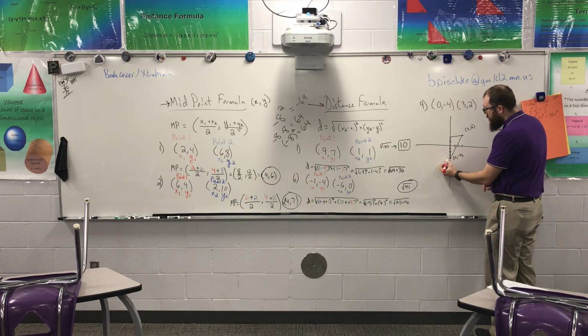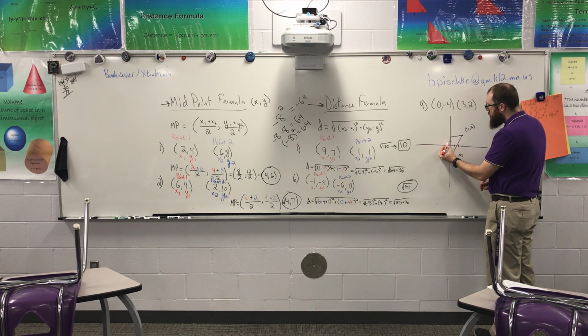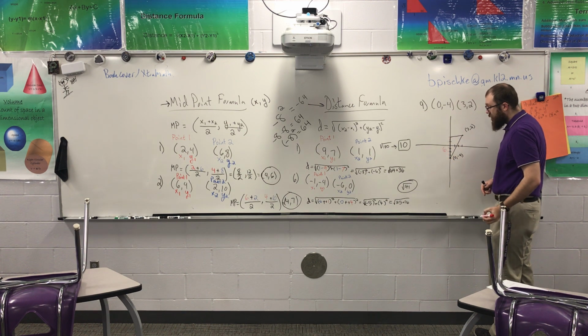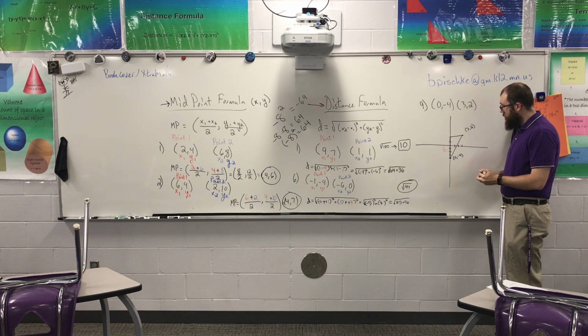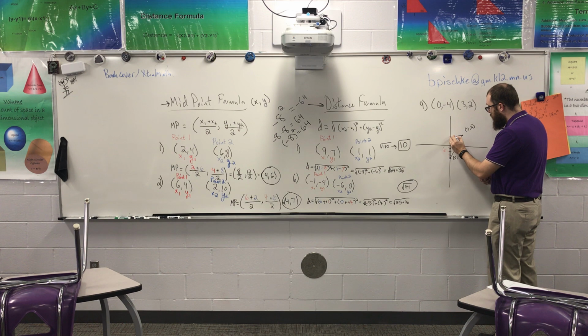So our rise here is 1, 2, 3, 4, 5, 6, 7. Oh, sorry, I counted my start point. Don't count your start point. 1, 2, 3, 4, 5, 6. My run across is 1, 2, 3.